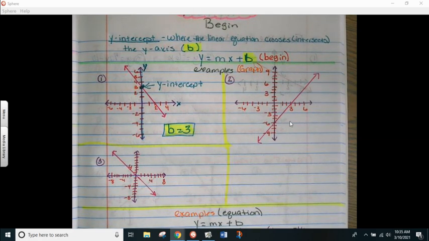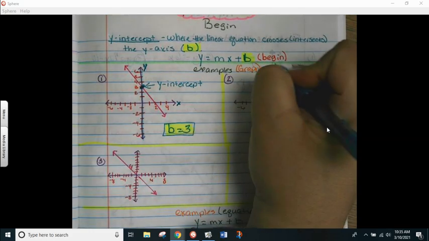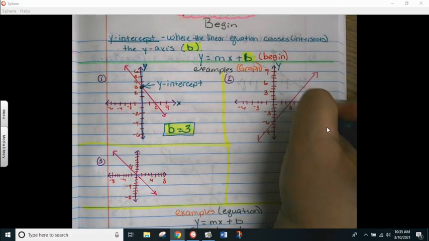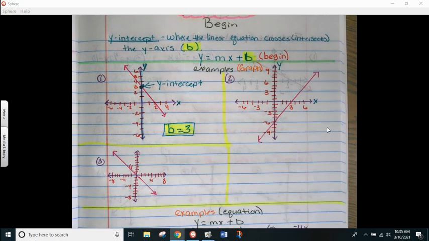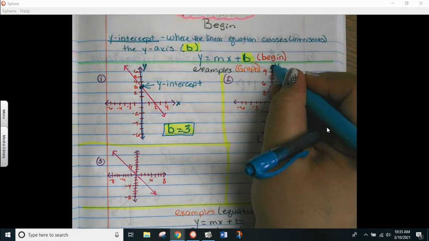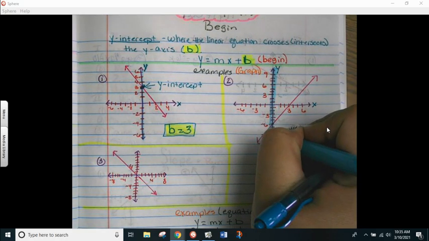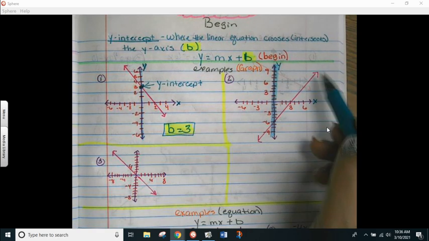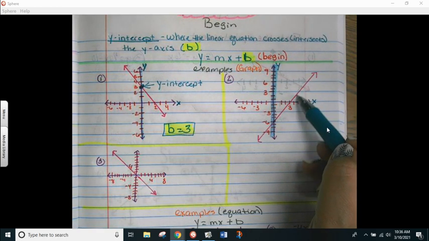And let's take a look. Again, we're just looking for the y-intercept. If you remember, we have the y-axis going up and down and the x-axis going left to right. I'm looking for, when does that line cross the y-axis? So here I go. That's the x.